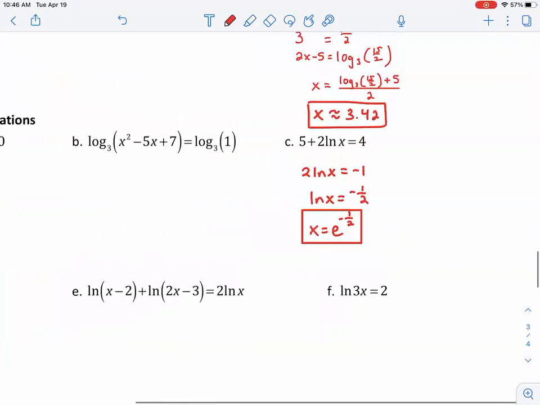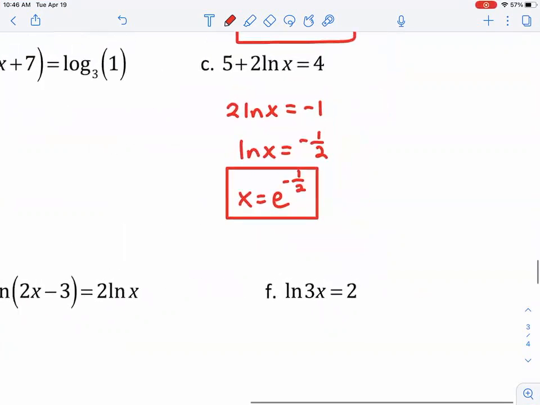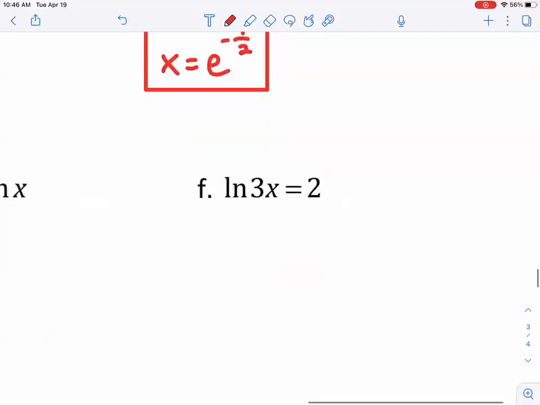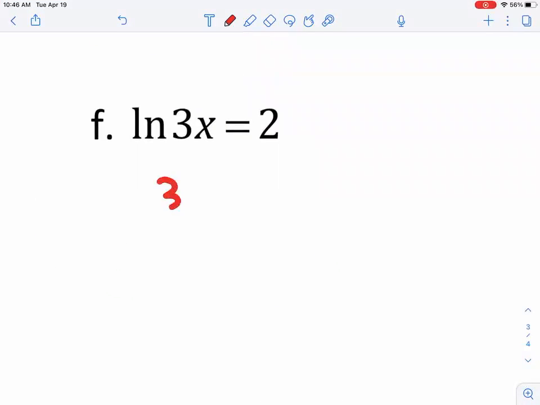All right, last one. I'll do F here. The log is already by itself, so I'm going to write it in exponential form. So this is going to be 3x equals e to the second power, where 3x equals e squared. And so x is e squared over 3.